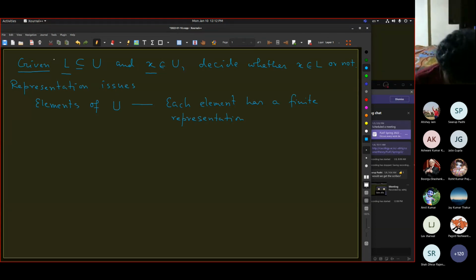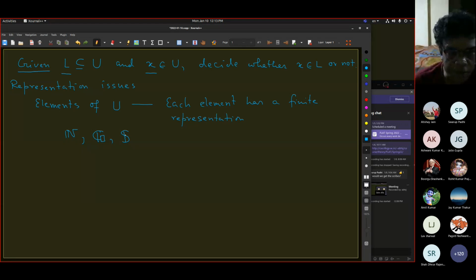Each element of U, the universal set, like X, must have a finite representation. For example, natural numbers, graphs, and other things, maybe strings. These all have finite representations.